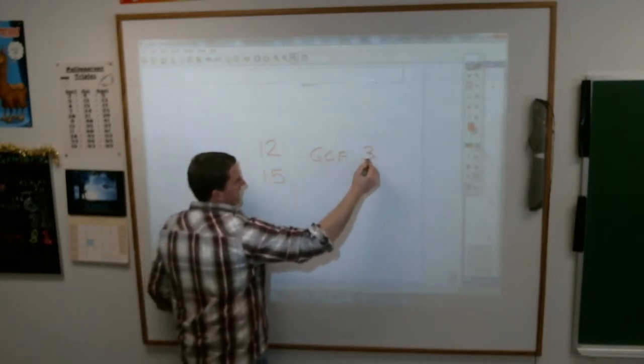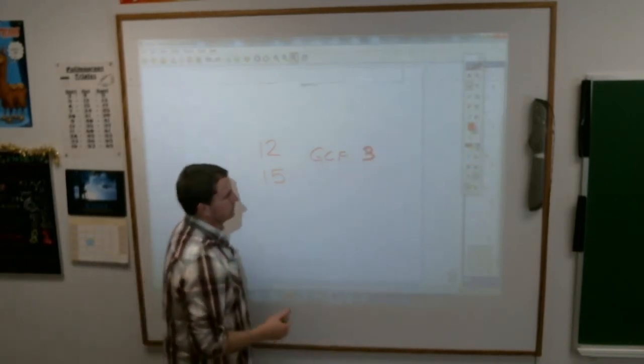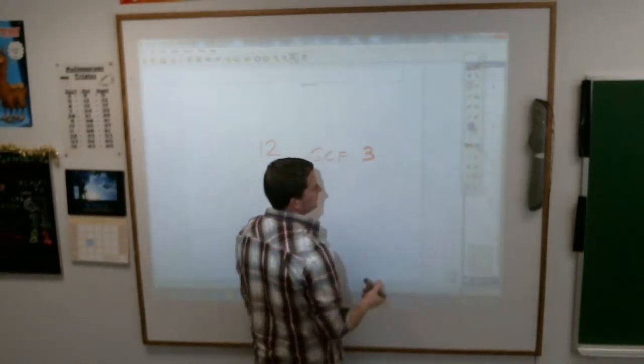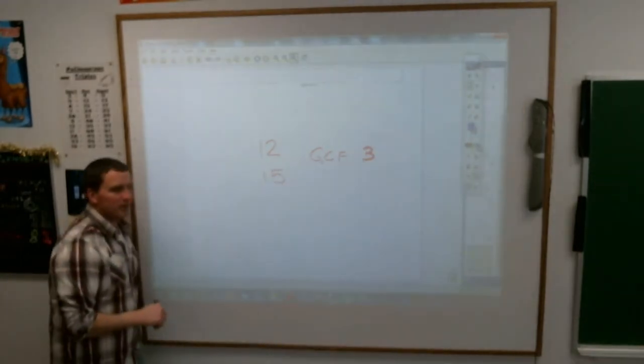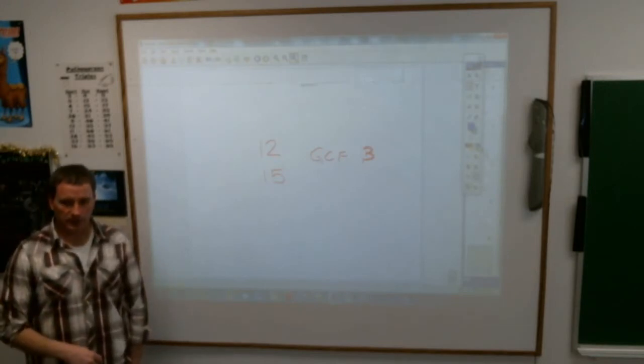Now, I'm sure you're asking yourself, what's the importance of this? Awkward silence. What is the importance of this? Well, last week we talked about reducing fractions if they have a common factor.